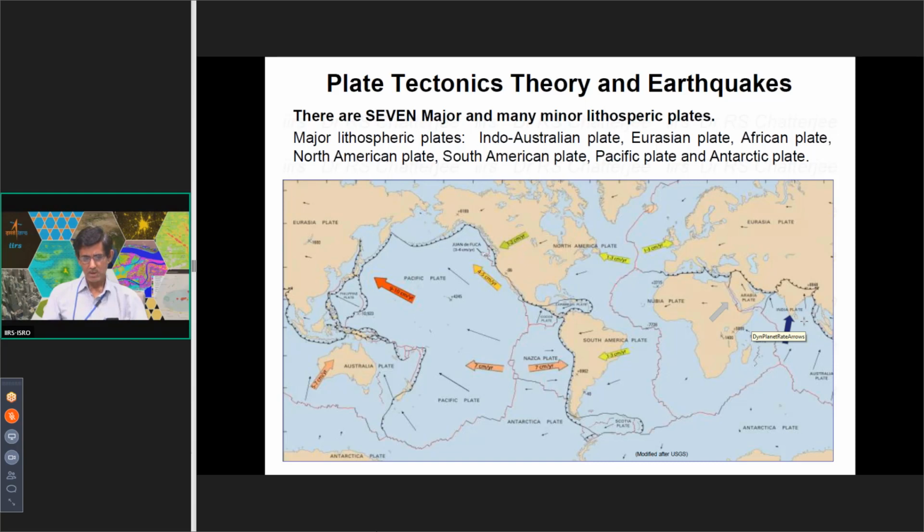And you see the South American and North American plates moving towards west, and for the other plates the movement is shown by the direction of the arrows, and the length of the arrow indicates the magnitude of the movement. It is shown in the figure. Like the Indian plate or the Indo-Australian plate, it is moving around 5 to 5.5 centimeters per year. This is shown by the length of the arrow.